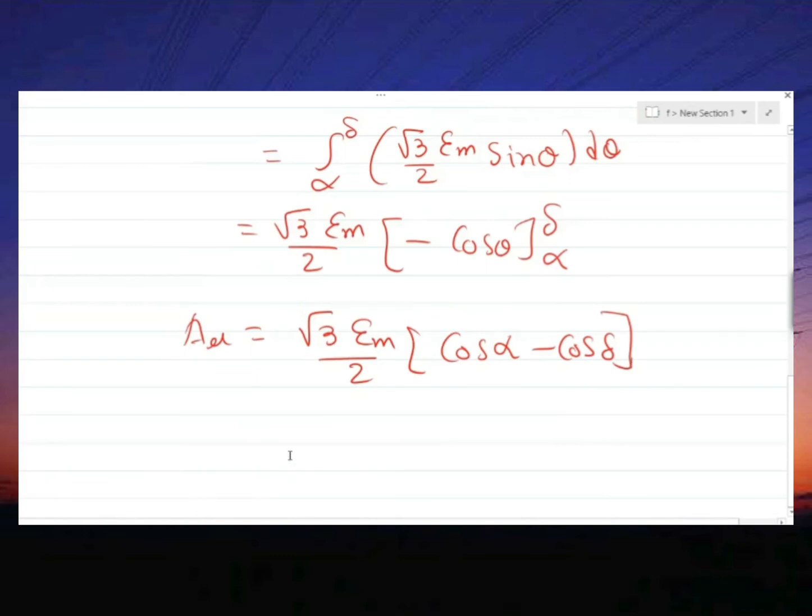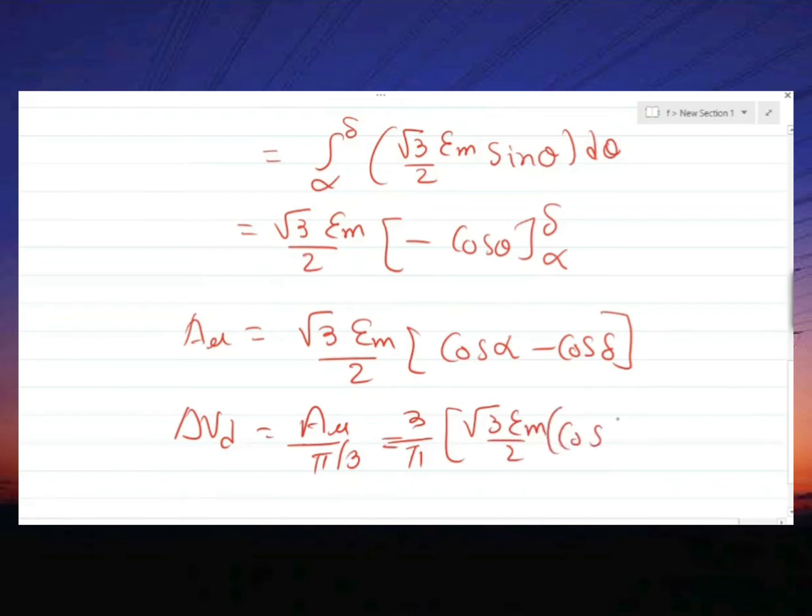Now you have to find the change in the voltage drop due to the overlapping. It is denoted by del Vd is equal to mu by pi by 3. Change in the voltage drop is equal to mu by pi by 3. Now what is mu? Mu is root 3 Em by 2 (cos alpha minus cos delta). So now put the value of mu, your equation becomes 3 upon pi into root 3 Em by 2 into (cos alpha minus cos delta).